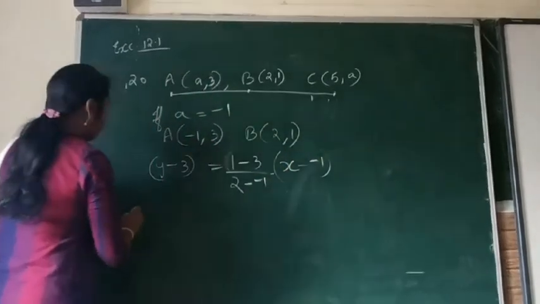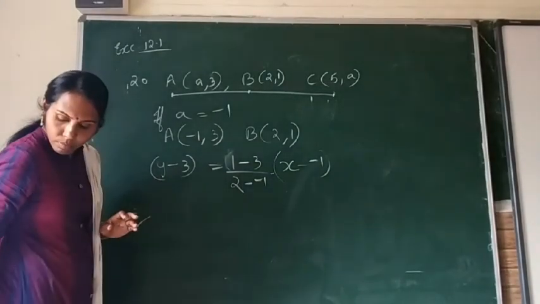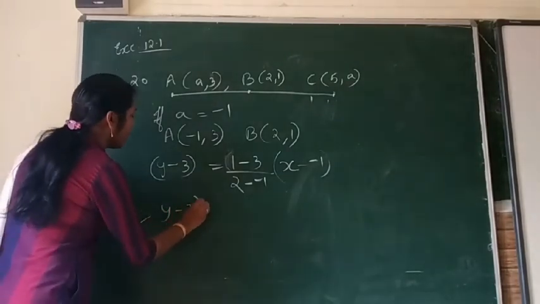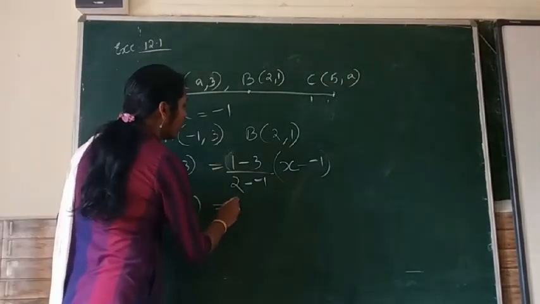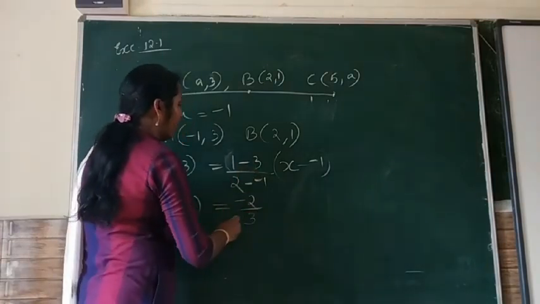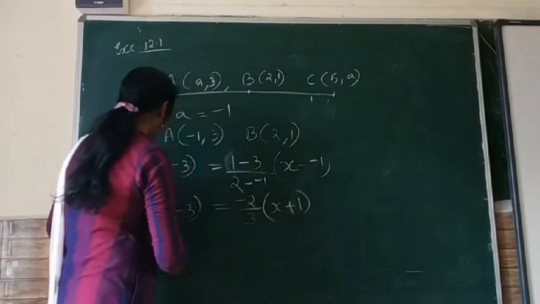So by simplifying this, we get y minus 3 is equal to minus 2 by 3 into x plus 1.